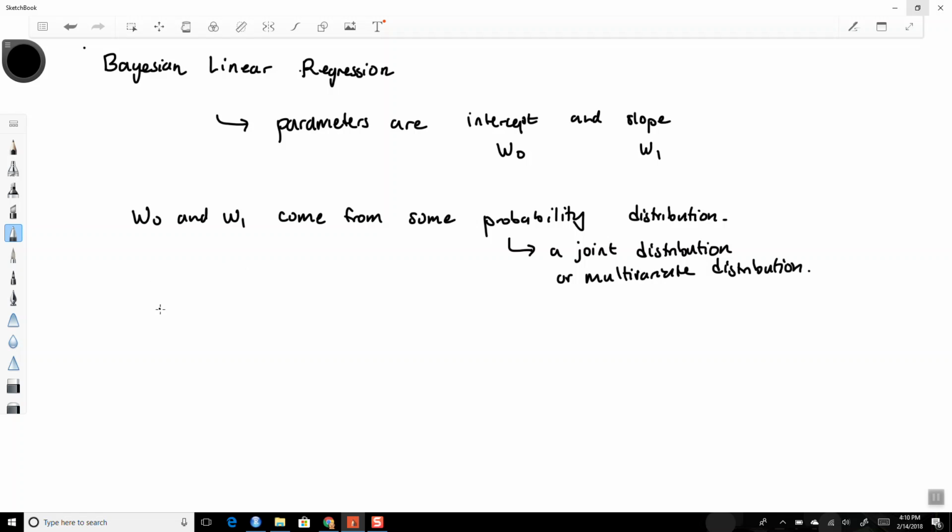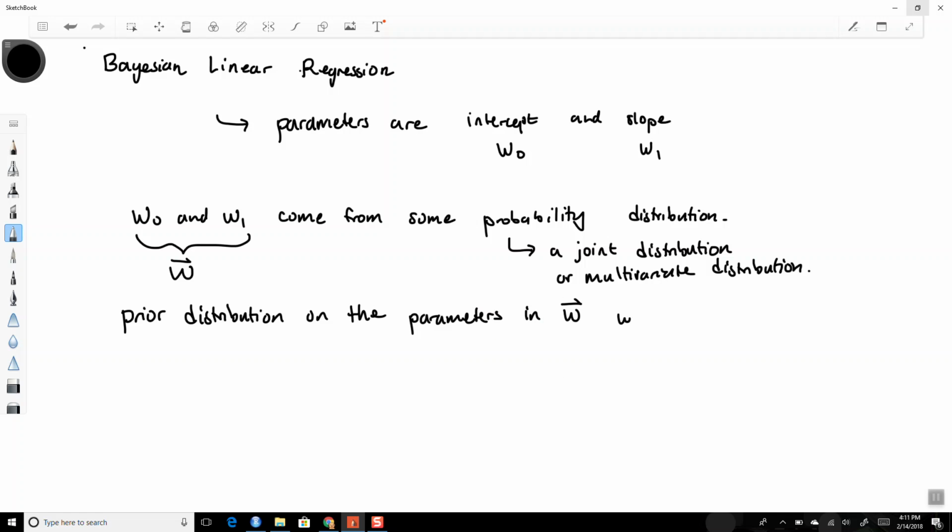So our prior distribution on the parameters, we're going to throw both parameters into a vector W. The prior distribution on the parameters in W will be just the probability of W, okay?